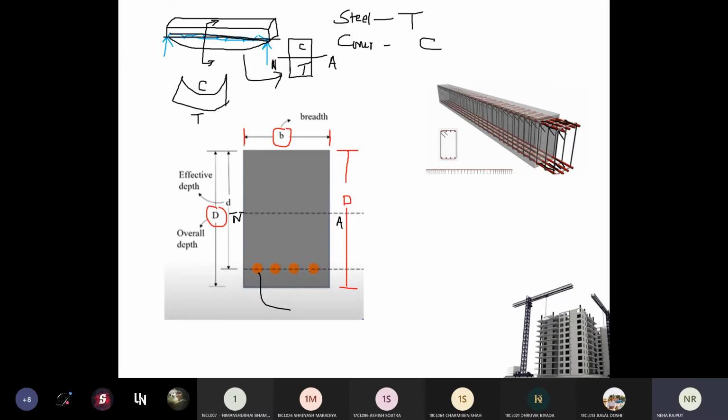These are 4 numbers of bars having some diameter. So you can consider that this is the tension zone, and over here is the compression zone. So this is tension, this one is compression.